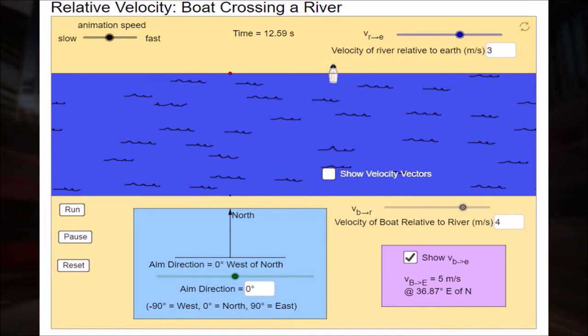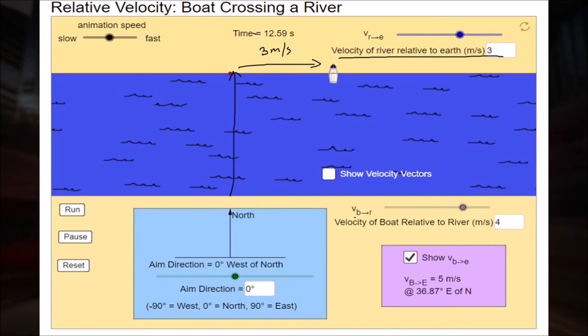Okay, so the final little thing I just want to look into is what if they don't give you the stream numbers or whatever. So the question is, if we want to go directly across like here, and these are some of the settings that we found. The river is going at 3 meters per second in that particular direction.